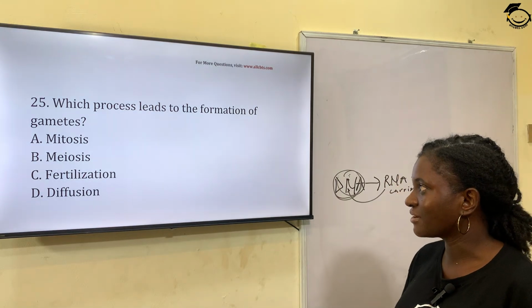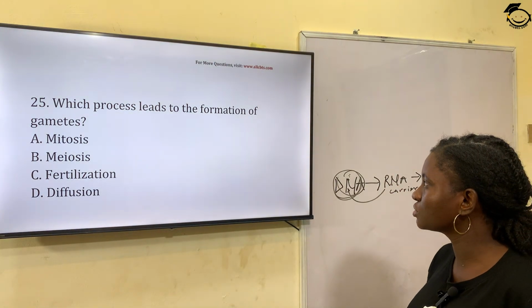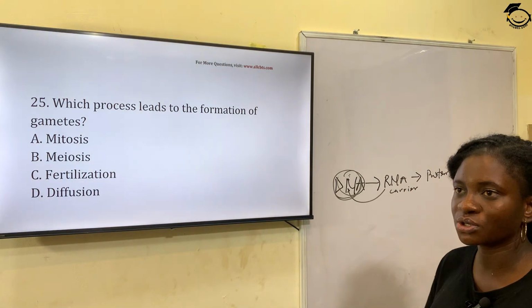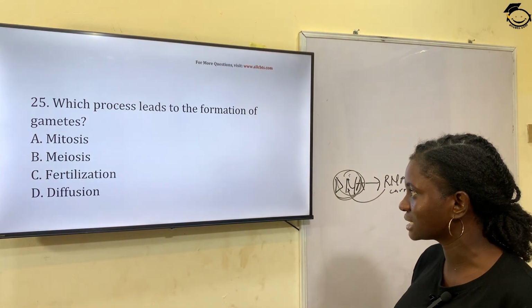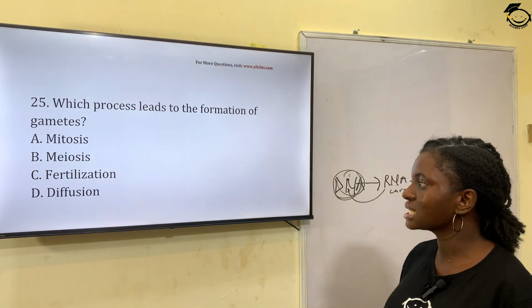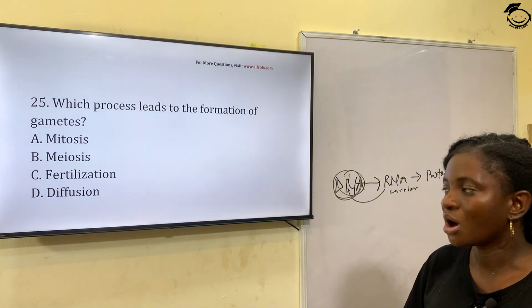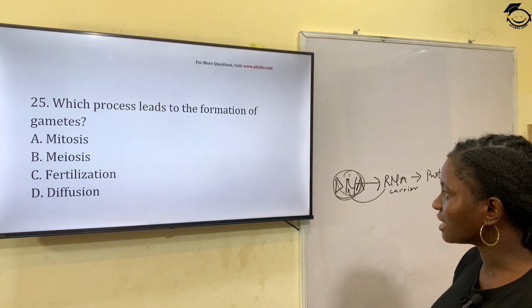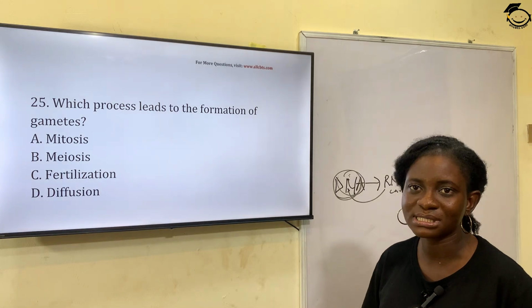Question 25. Which process leads to the formation of gametes? Option A, mitosis. Option B, meiosis. Option C, fertilization. Option D, division. The correct answer to this question is meiosis.